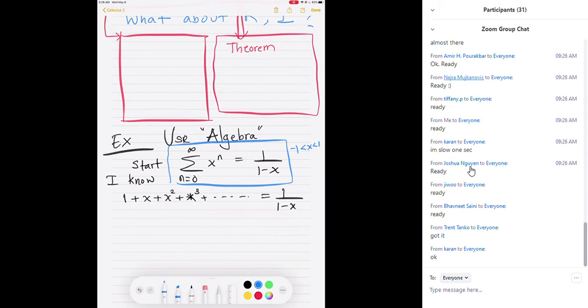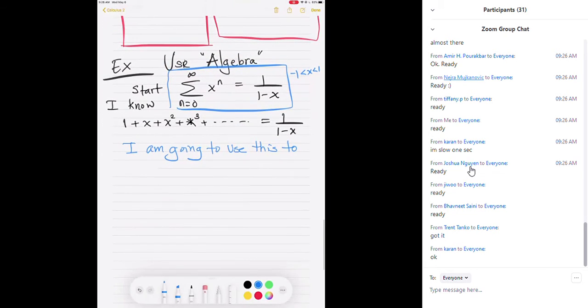And we're going to have some fun today. So I'm going to use this to write 1 over 5 minus x as a series. Completely stop writing and just observe and just go with me in what I'm saying.